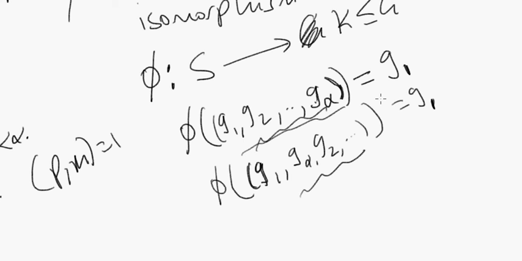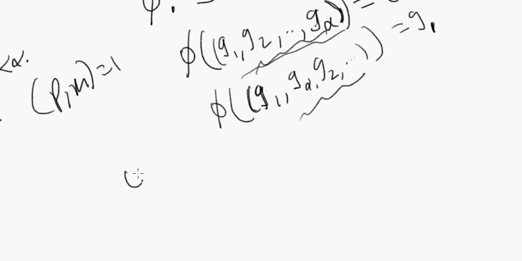How about phi takes all the elements, let's say G1, G2. For the moment, let's just stick to two elements. Let's assume alpha equals 2, just to help us do the calculation, because we don't want to be too general if it's not going to work anyway. We don't know yet.